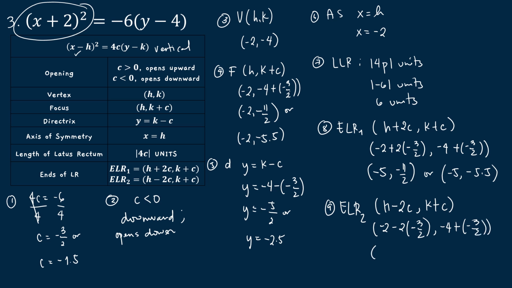You can edit your solution on your calculator and the answer will be 1, comma, negative 11 over 2, which becomes negative 5.5. And that's all for number 3's example.